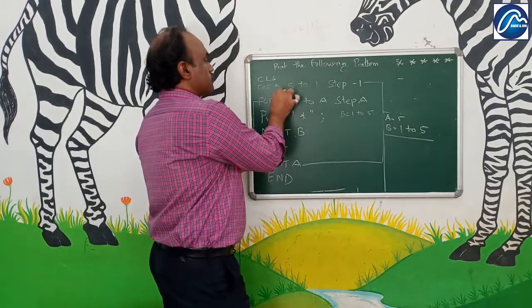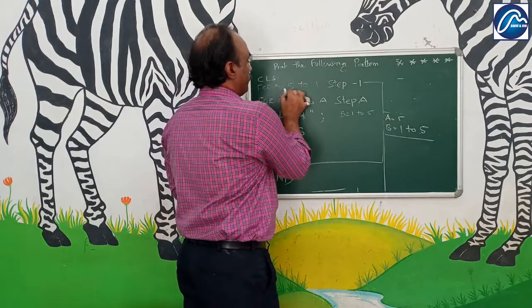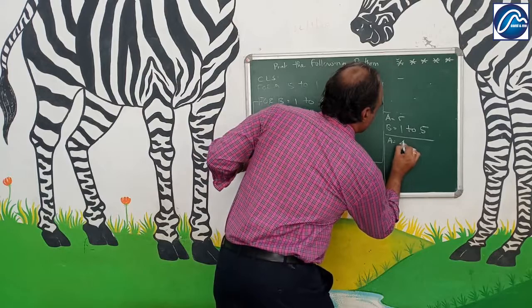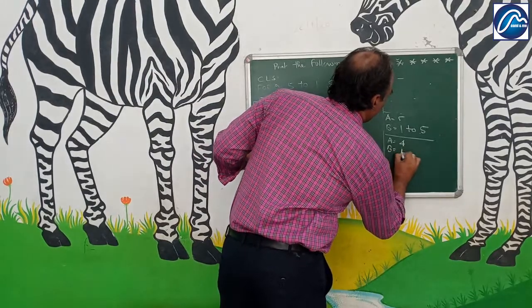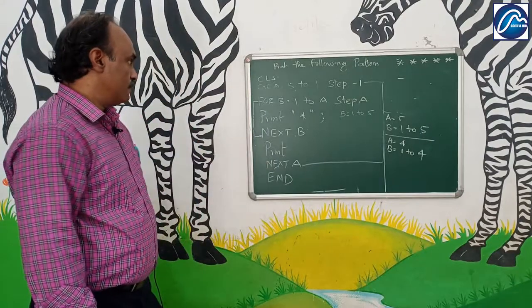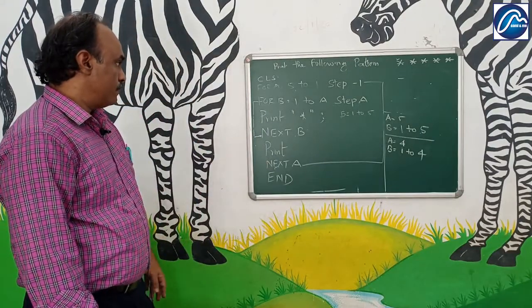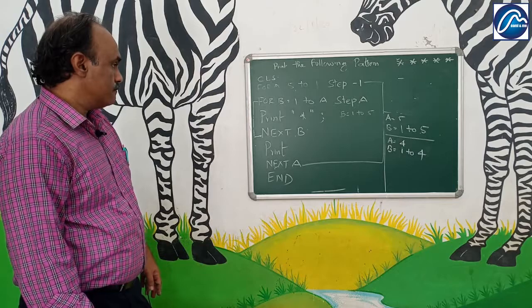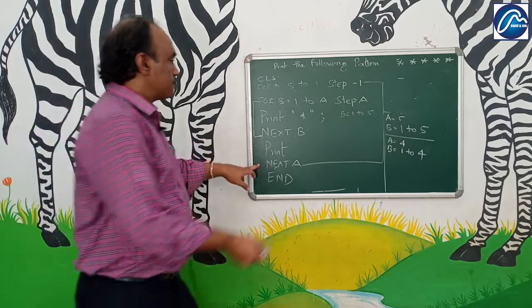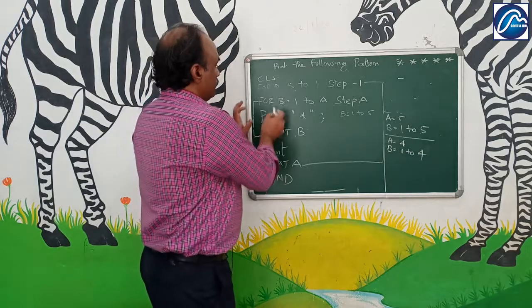Next A, it goes up. What is the value of A next? Step -1. A will be equal to 4. B will be equal to 1 to 4. Understood? So how it is? Again the same procedure will take place.